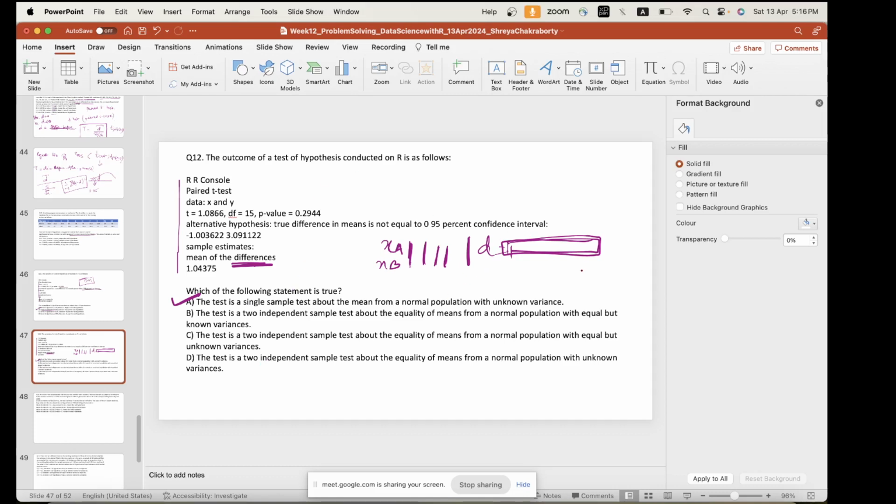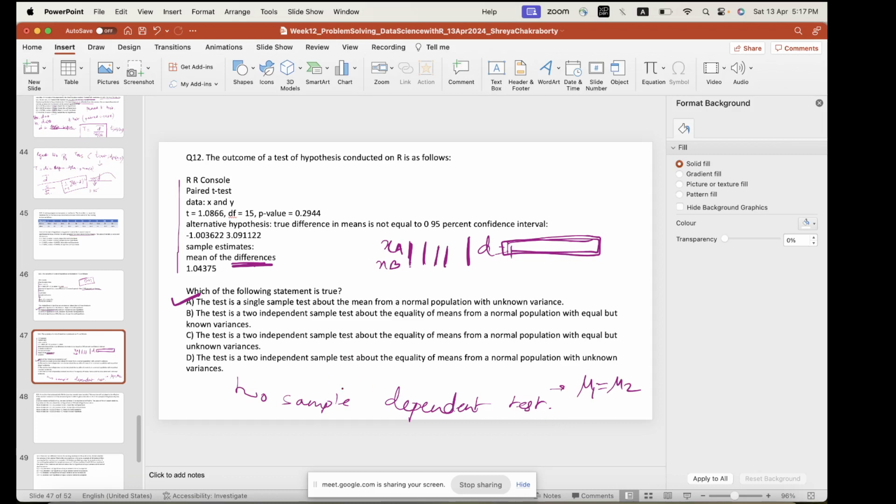Even though this is holding true, to be very accurate, it is a two sample dependent test. Because you are considering before and after on the same individuals, and what you are testing is mu1 equal to mu2, that is equality of means.